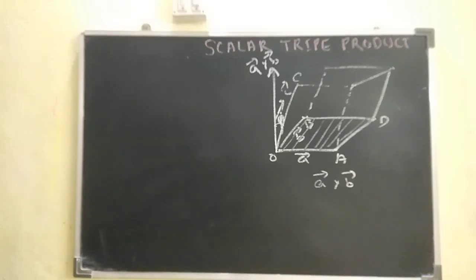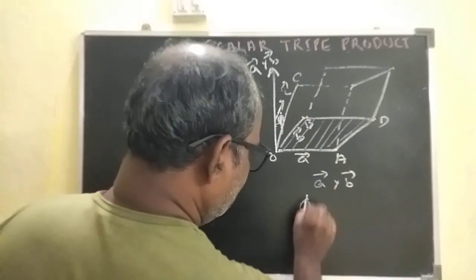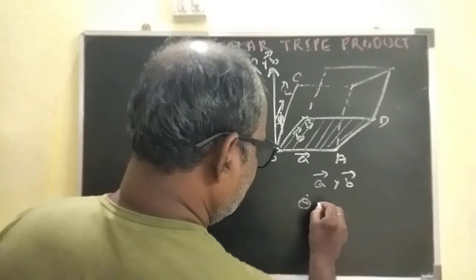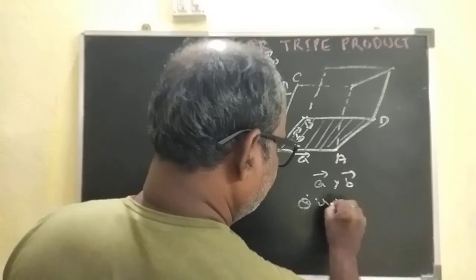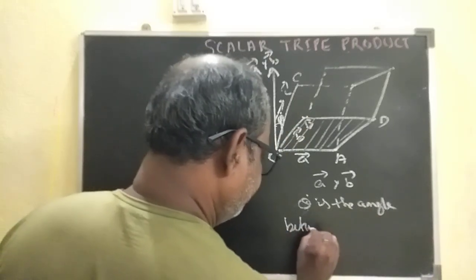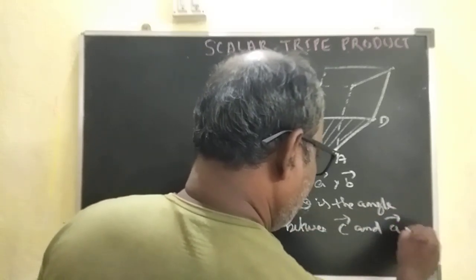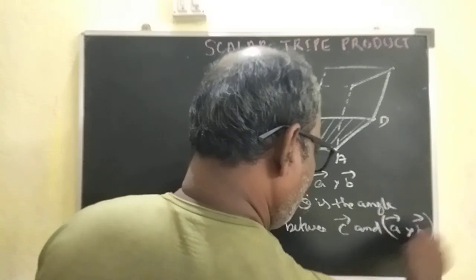Now here C is making an angle theta. So angle theta is the angle between vector C and A cross B vector.